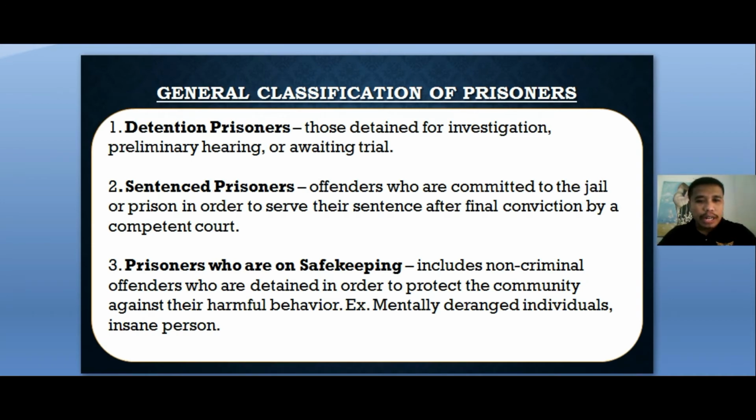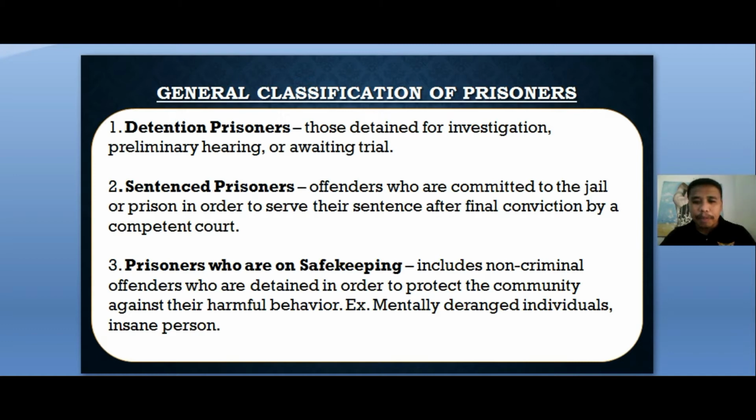So prisoners are classified into 3. These are the general classification. One is those persons who are being detained, called detention prisoners. Those persons who are put into jail or prison after final conviction, when the court says you are guilty beyond reasonable doubt, or those found guilty of the accusation, are called sentence prisoners.